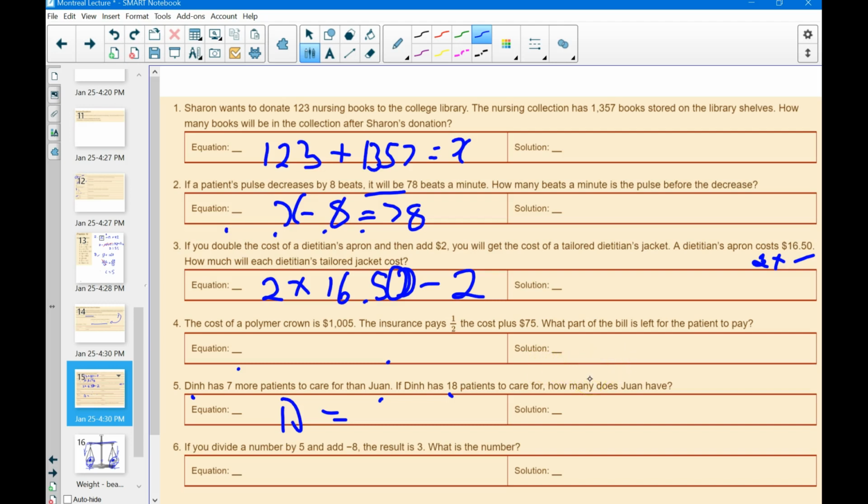Hang on, I'm doing this backwards, my bad. So Din has 7 more than Juan. Din has 18. So how many does Juan have? Din has 18 and has 7 more than Juan, so it's going to be 18 minus 7 equals Juan's patients. So Juan has 11 patients.